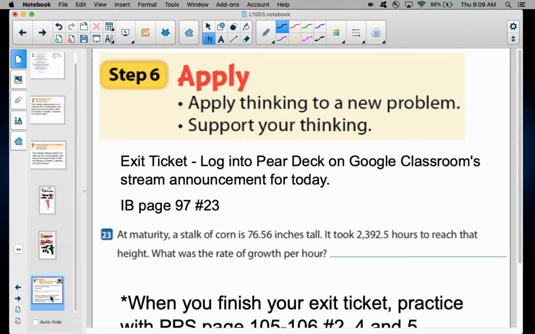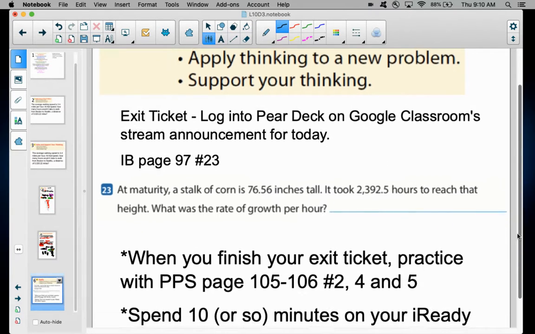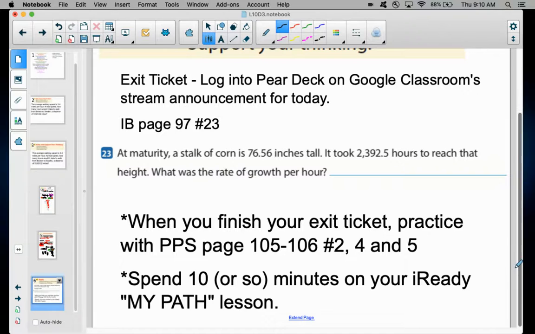So we have an exit ticket, which is in Pear Deck. I want you to log into Pear Deck and actually do that work. That'll be your class participation for today, especially if you are at home. If you're in school, the substitute teacher will be more than happy to walk you through this.